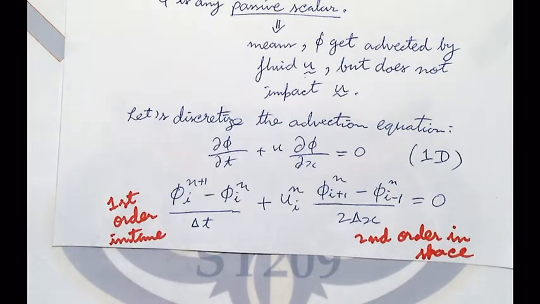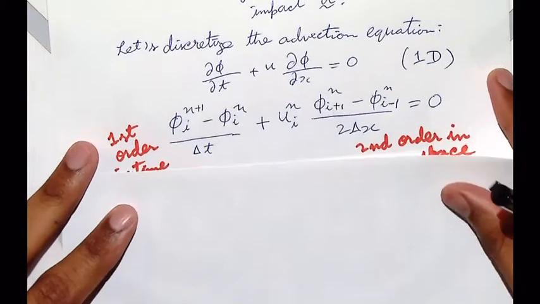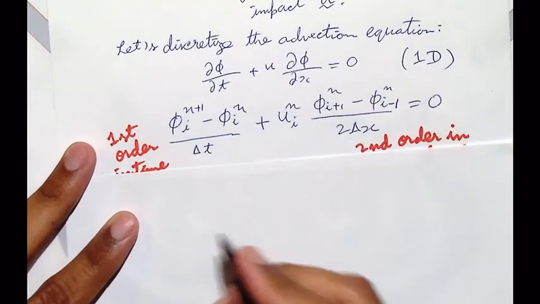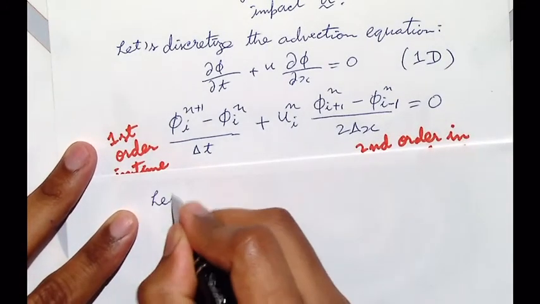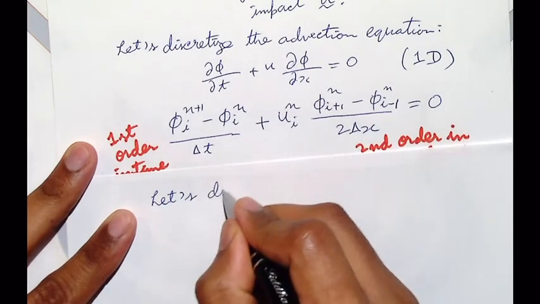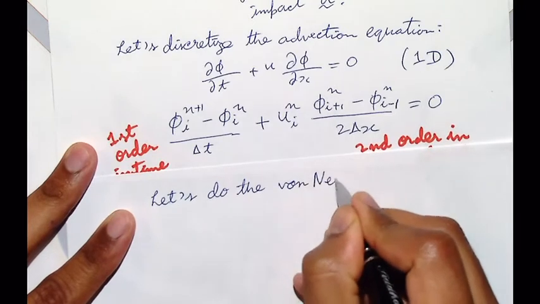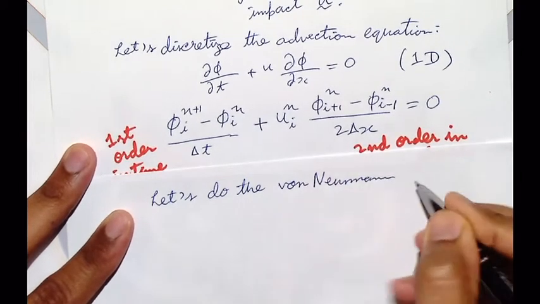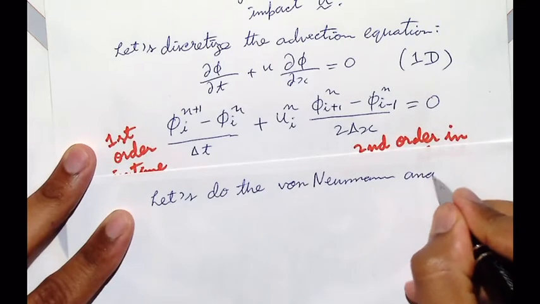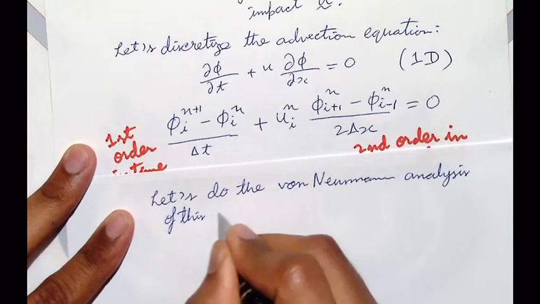Again, we have to do the tedious but elegant von Neumann analysis. So let's do the von Neumann analysis of this discretization.